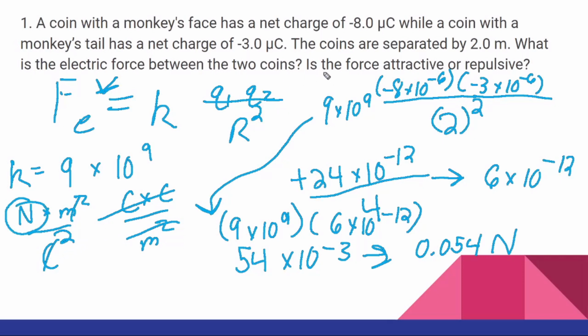All right, now the question is: is the force attractive or repulsive? Because we had like charges in the beginning, and because the product resulted in a positive, as seen here, we know that this force is going to be repulsive.